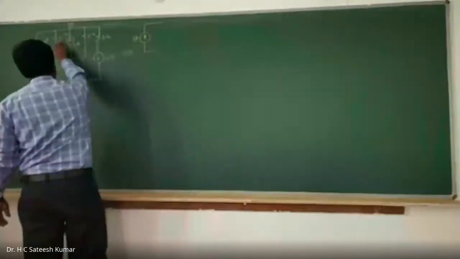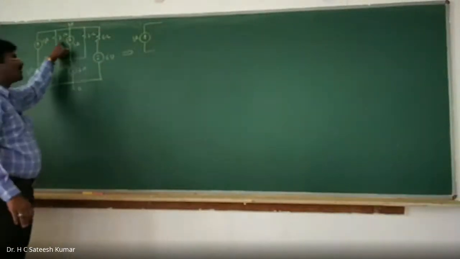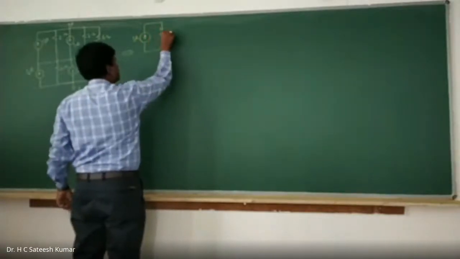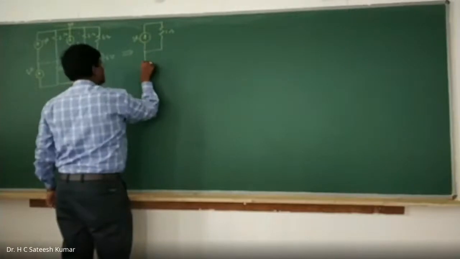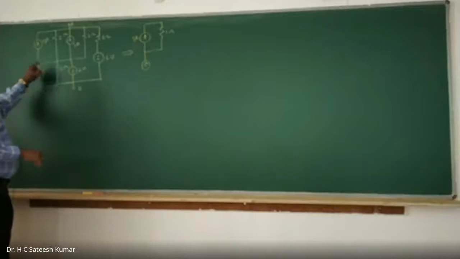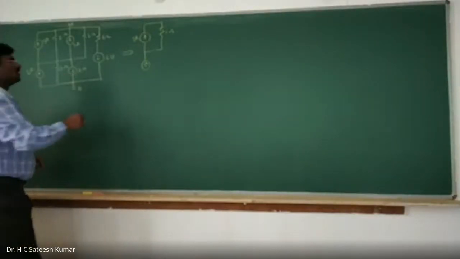2 parallel with 2, two equal resistors in parallel, then what do we have? The equivalent resistance will be half of it. So therefore we get 1 ohm. Okay, right. So now what we have is 4 amps upwards, 2 amps downwards. The opposite direction means we'll have to subtract, it is 2 amps.